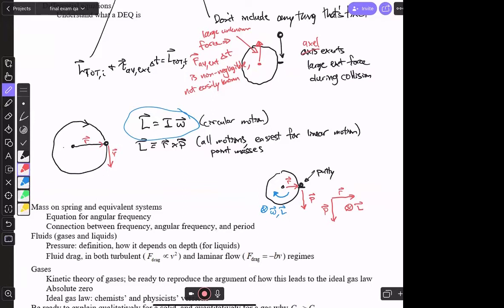And so that's in fact how we derived L equals I omega from this definition of L equals r cross p: thinking about this situation and showing that if I define I to be m times the average value of r squared, then I could rewrite L equals r cross p as this if something is moving in a circle.